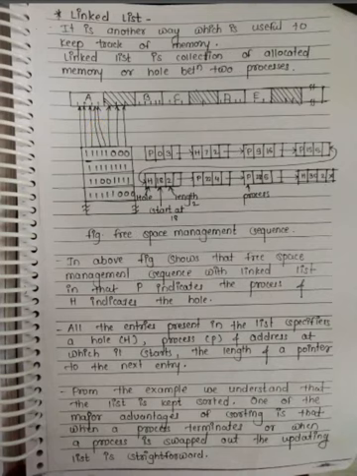The second method is the linked list, in which a number of nodes are interconnected to each other by using links. In this technique, a memory unit is represented by either P or H. P means process and H means hole.